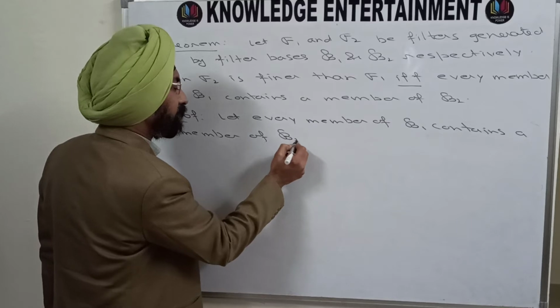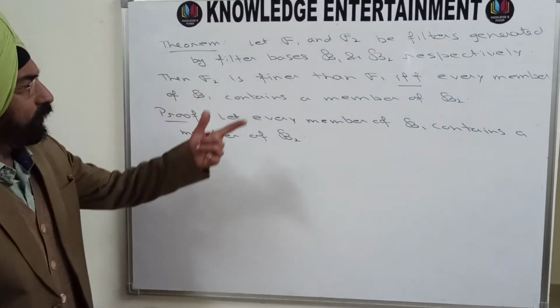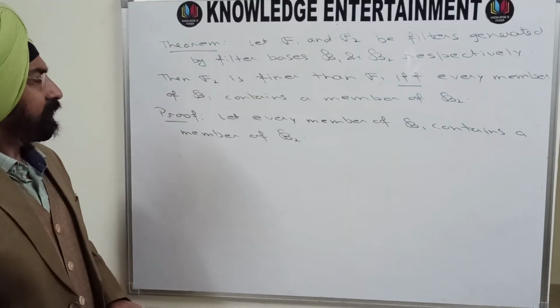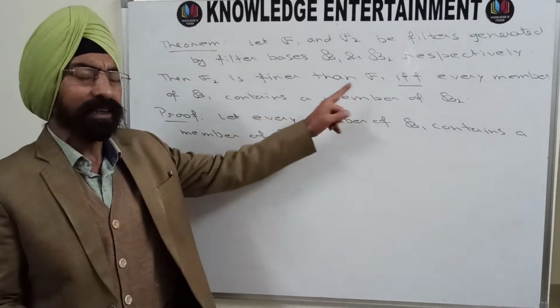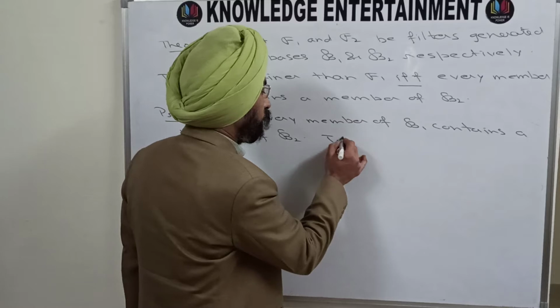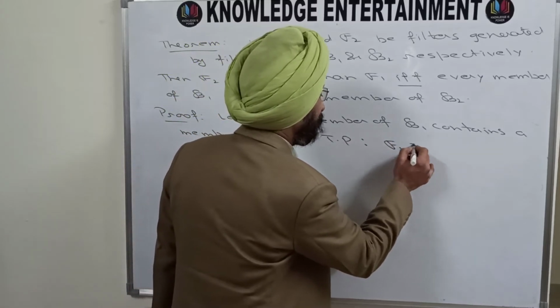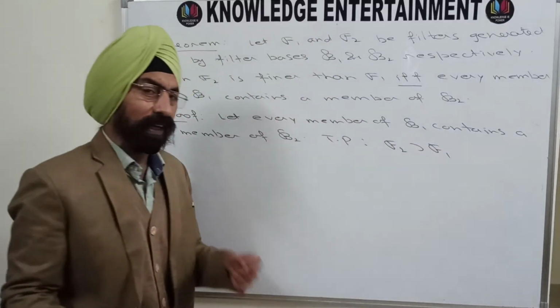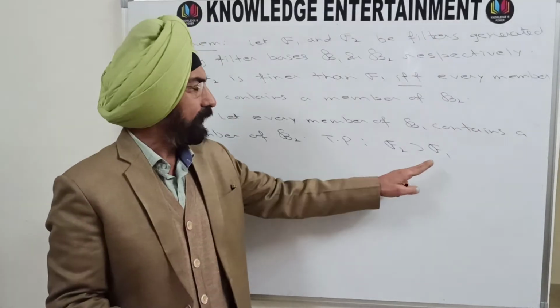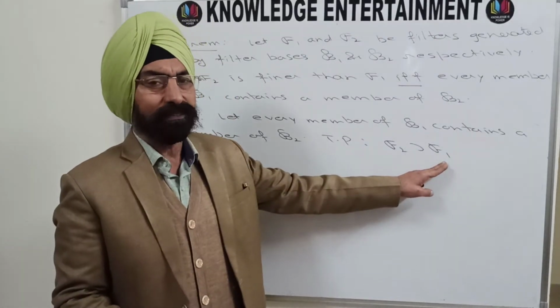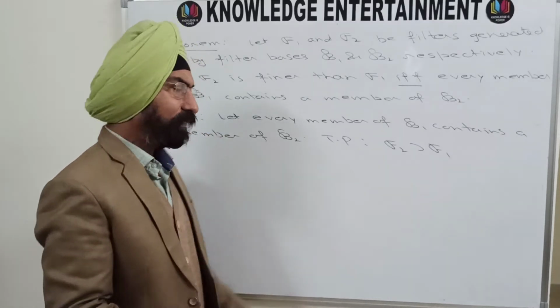This is given to us, and what we have to show is that F2 is finer than F1. To prove F2 contains F1, that means F2 is finer than F1, we will have to show that F1 is a subset of F2. We will take one member from F1 and show that it also belongs to F2.